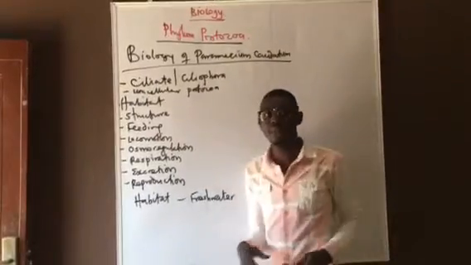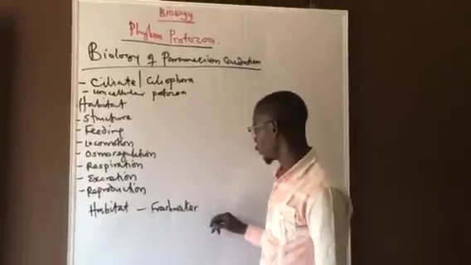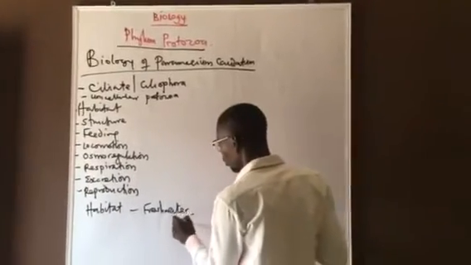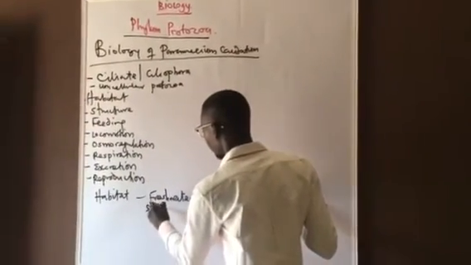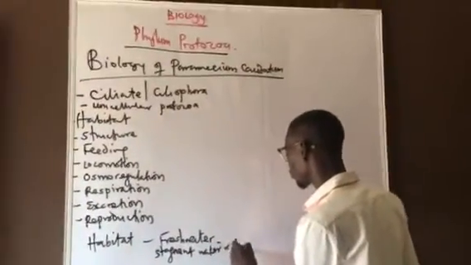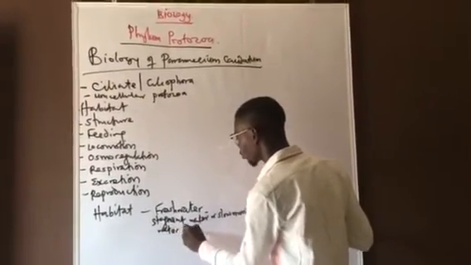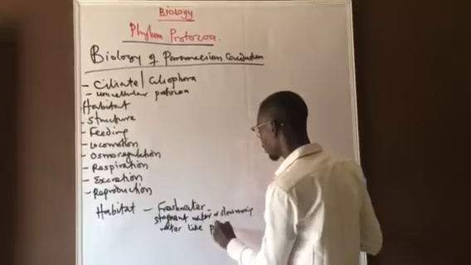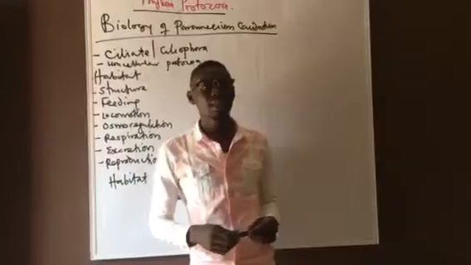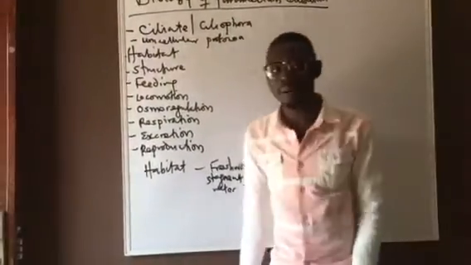But in some cases, you can find them in slow-moving water, like ponds, basins. They are found where you can find organic matter, because that's what they feed on. So that is where you can find paramecium.